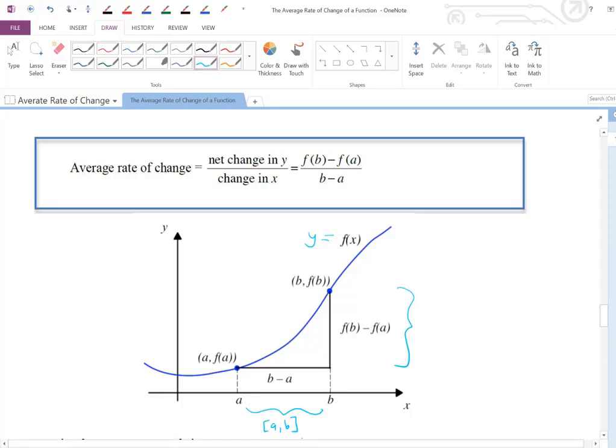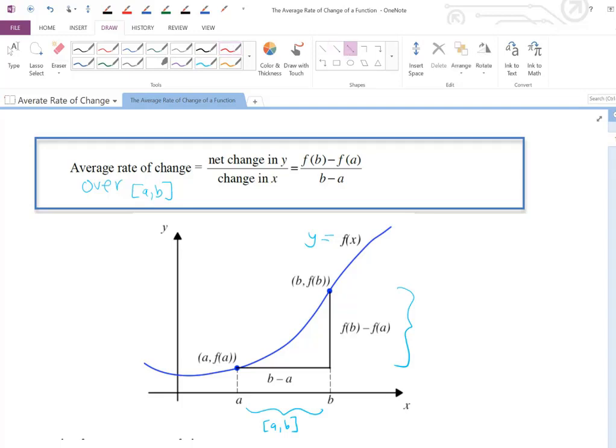And so we see that if we take the ratio of these, we're going to get what's called the average rate of change of the function over the interval a to b. That tells us how much the function's output has changed over the corresponding input change on this interval. Well, gee, that sounds a lot like what we just did in the last problem for y equals x squared.